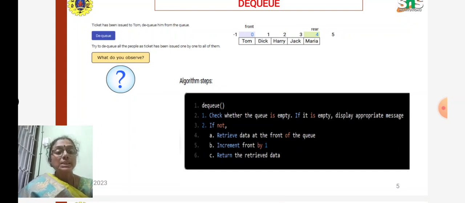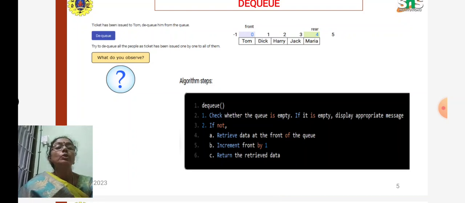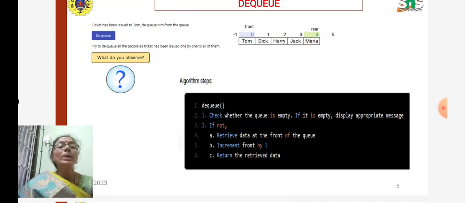That is the first checking condition we should follow in the DQ operation. If the queue is not empty, we can retrieve the data at the front of the queue. For that we increment the front by 1 and return the retrieved data. This is the algorithm for DQ.